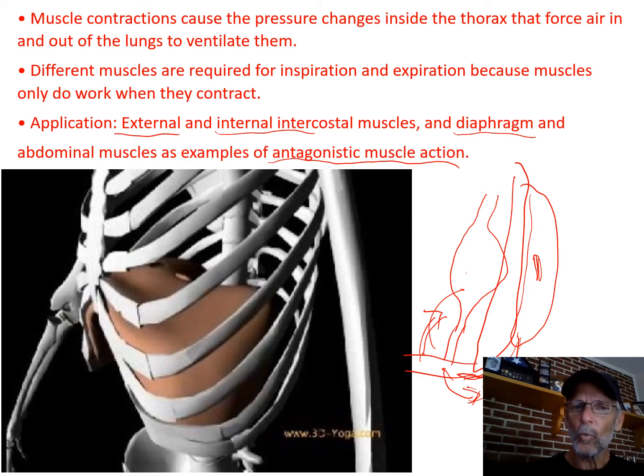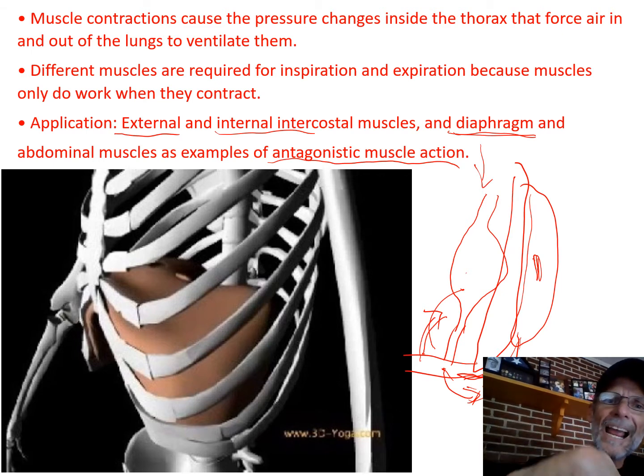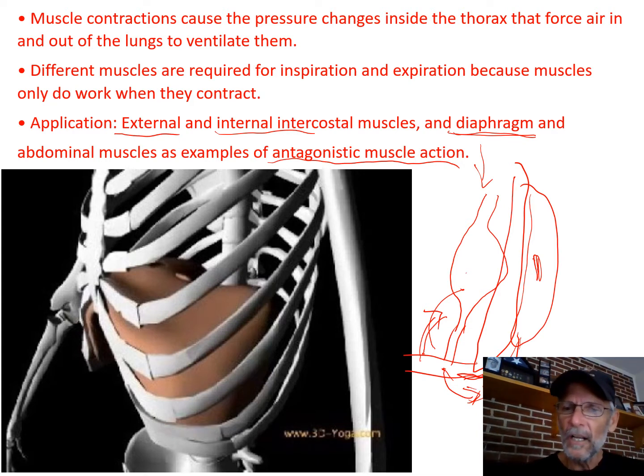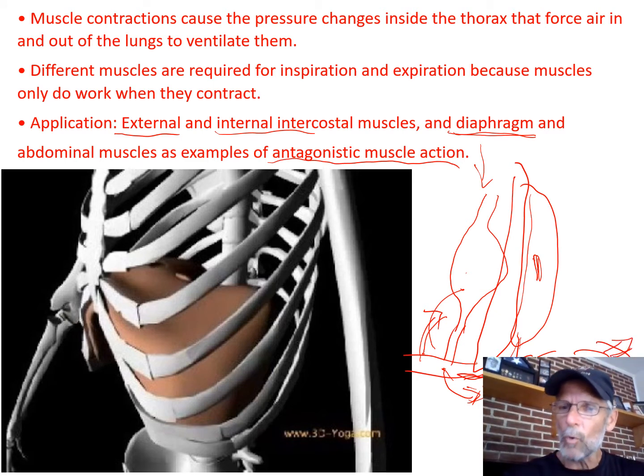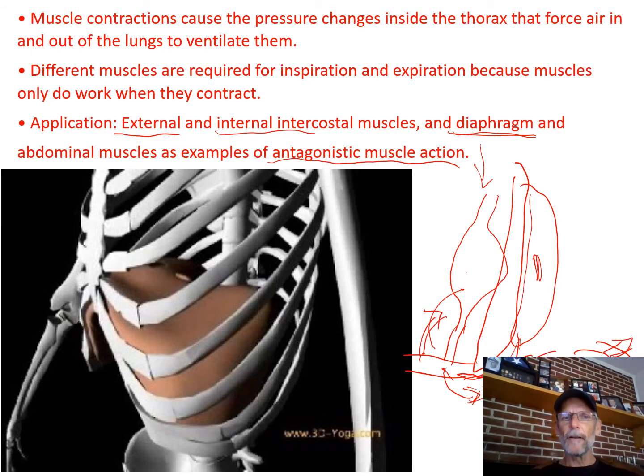So these are also antagonistic. One set of contractions will cause your rib cage to expand. That's if your diaphragm contracts and drops the floor, right? And if your external intercostal muscles, if you can picture this, here's your ribs. If the muscles that are connecting the outside of ribs contract, it'll pull them outward and also expand your chest cavity.